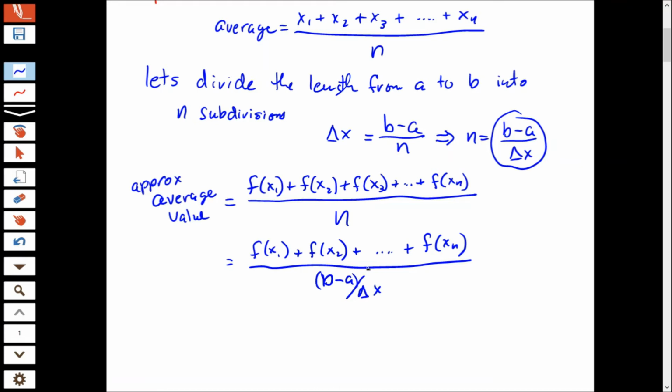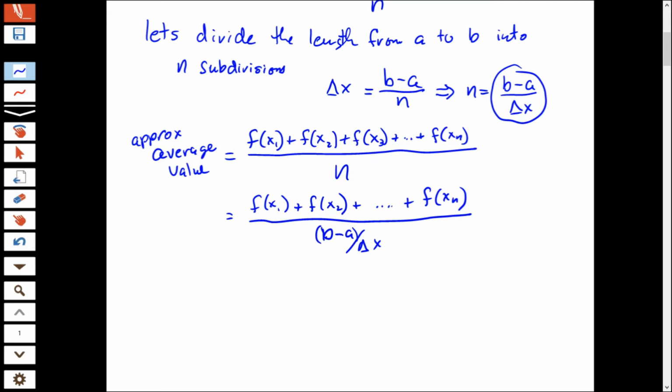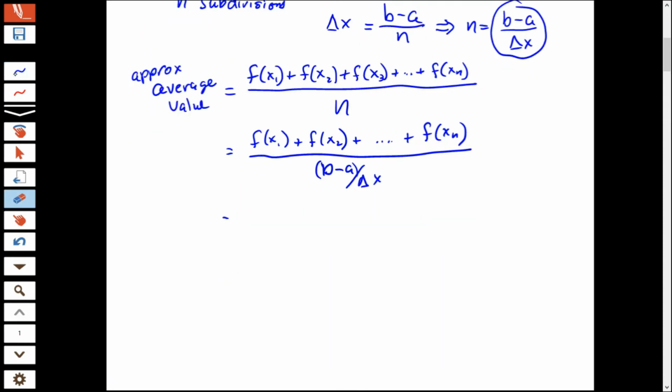Now, I don't like having complex fractions where you have a denominator like delta x, so I'm going to flip and multiply by its reciprocal and rearrange it a little bit. So this equals 1 over b minus a times, now this delta x is going to flip up and multiply times that numerator.